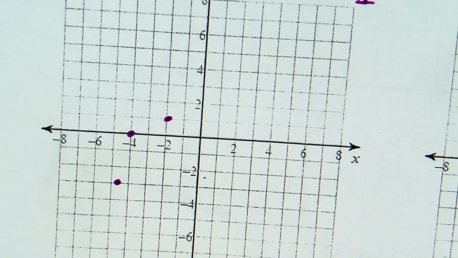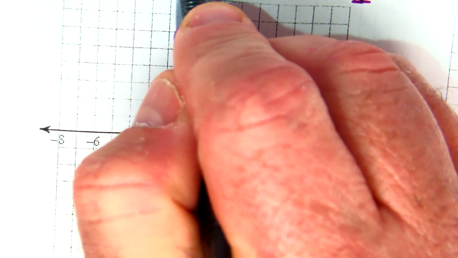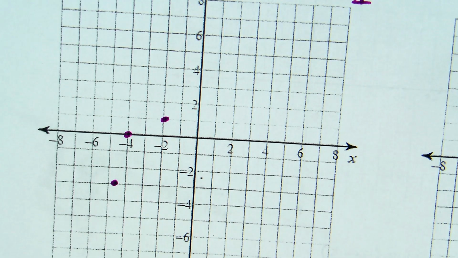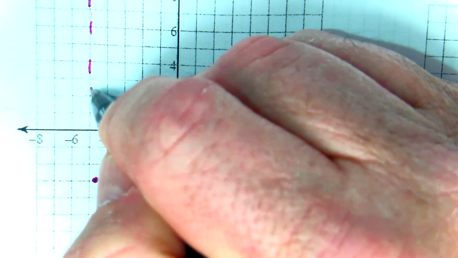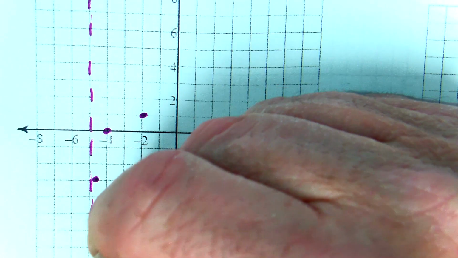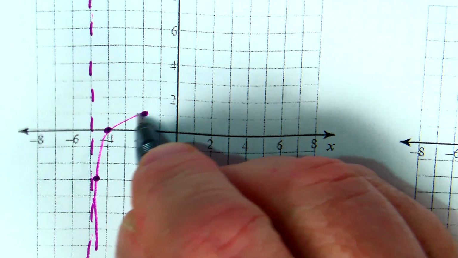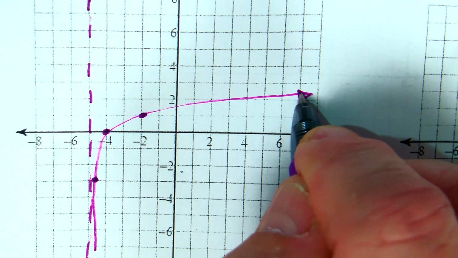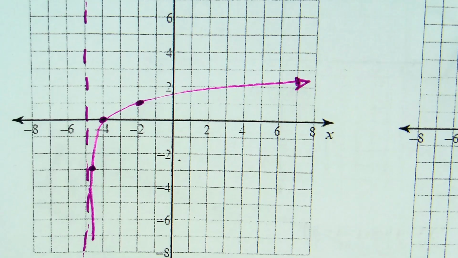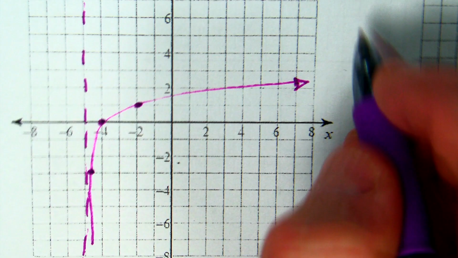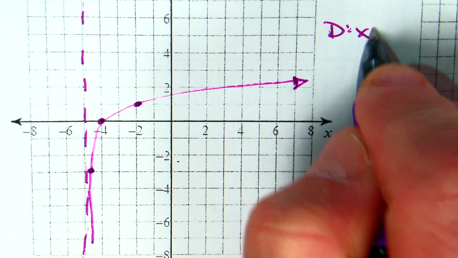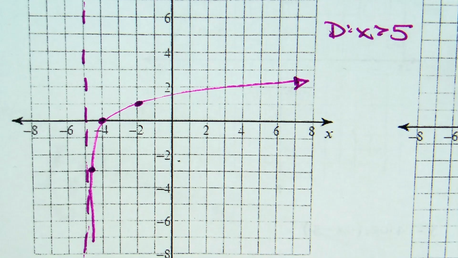With logs, I would definitely draw your asymptote. Your asymptote is the opposite of the parentheses. What's the opposite of positive 5? Negative 5. And there's my graph. Domain: x is greater than the value of the asymptote.